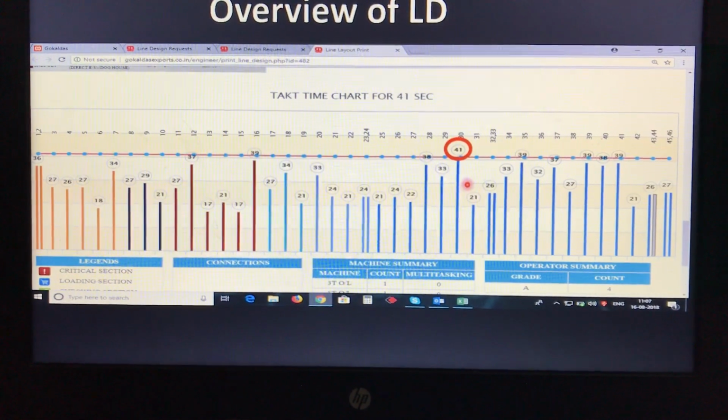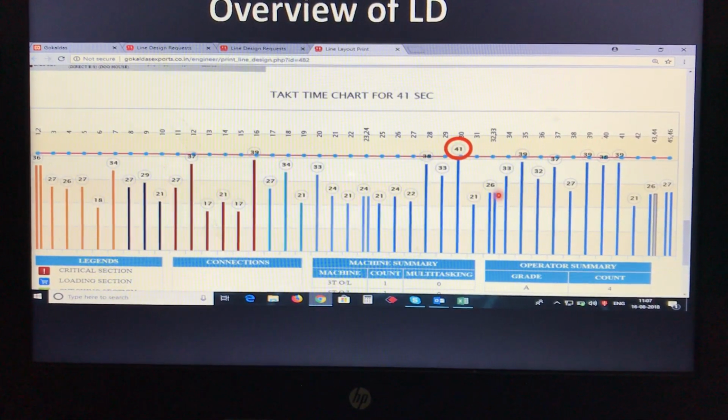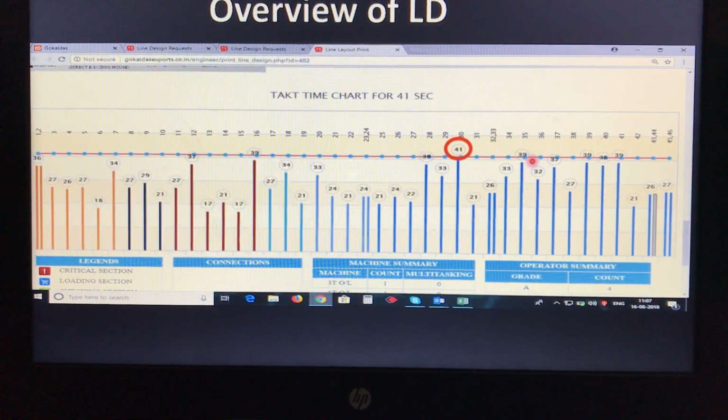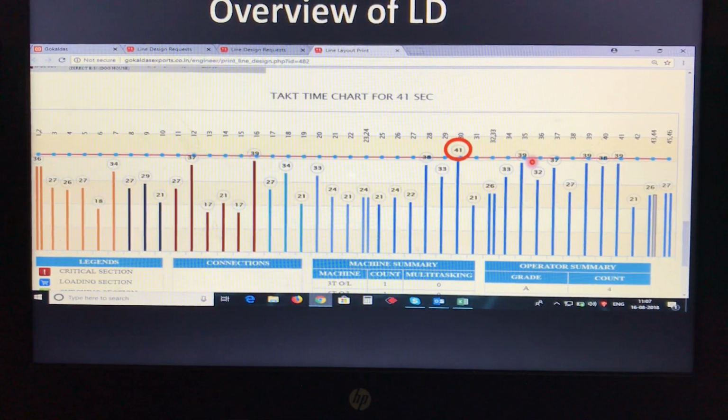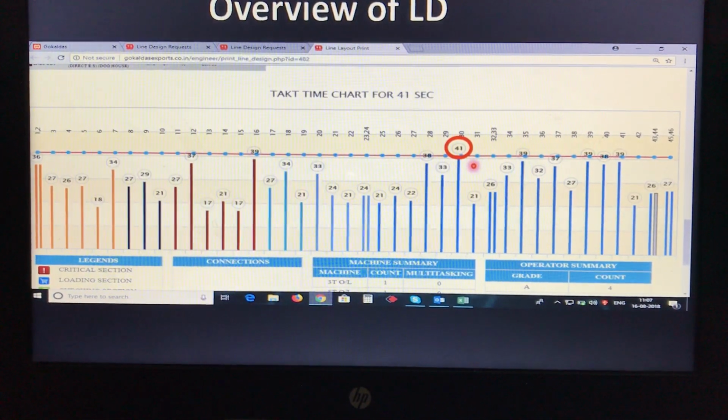The second thing to know about line design and takt time is that all the operations have to be below the decided takt time. So logically, if everyone works below the takt time, this line should be producing 87 pieces per hour.